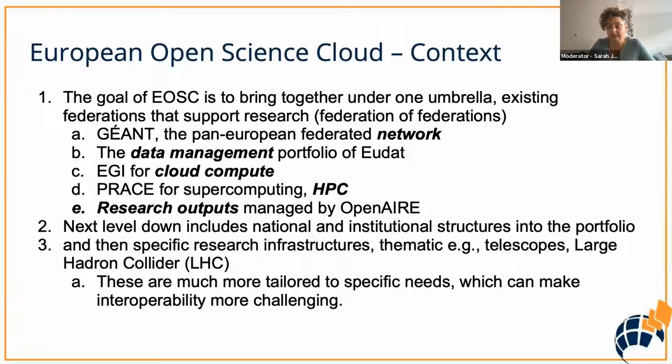EGI does cloud computing. We also have a group called PRACE that does supercomputing, and there's a parallel initiative to EOSC called EuroHPC, where essentially we're linking up all the high performance computing so that there's European access to that.